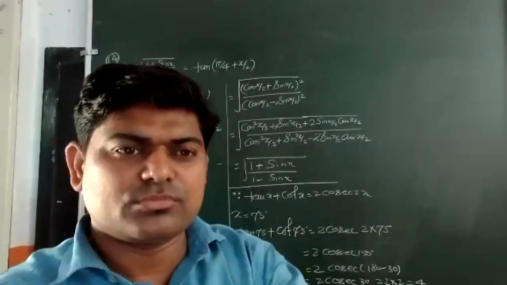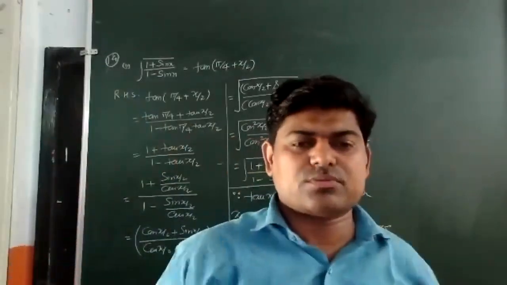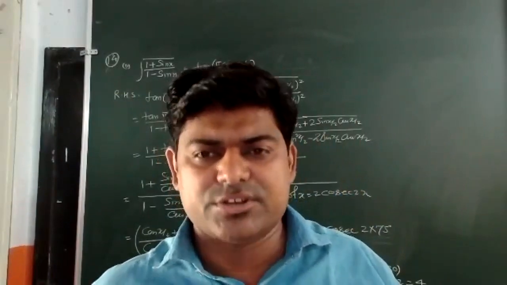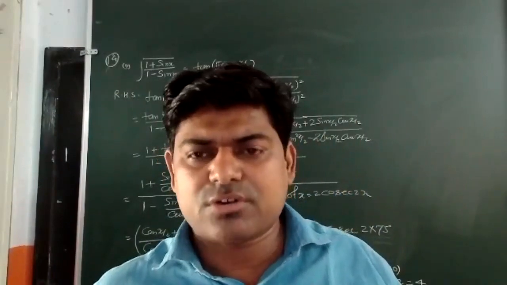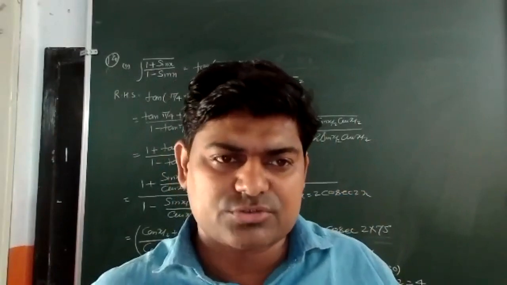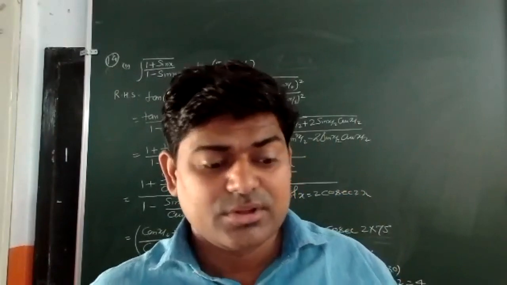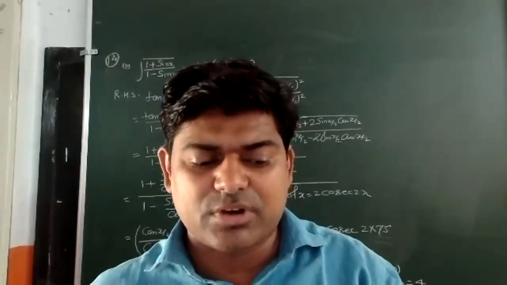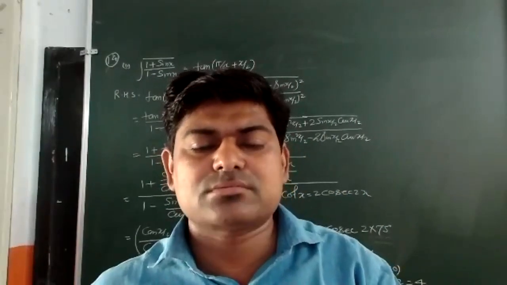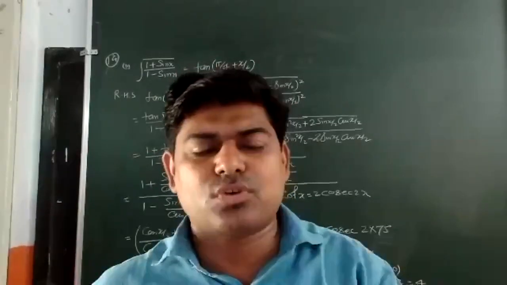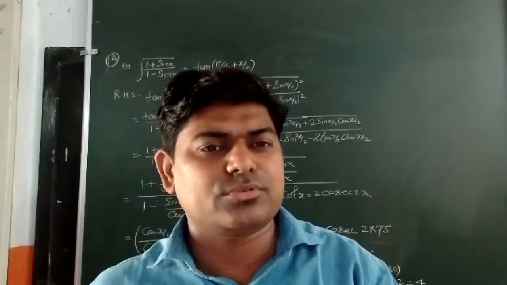I think two formulas were there. That one was sin of x plus y into sin of x minus y, written as sin square x minus sin square y, and one was cos of x plus y into cos of x minus y, written as cos square x minus sin square y. When we apply it, I'll get sin square x and cos square pi by 3. So cos pi by 3 is 1 upon 2, cos square pi by 3 is definitely 1 upon 4.